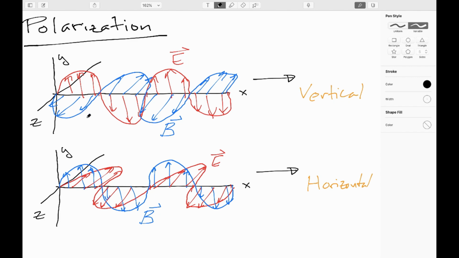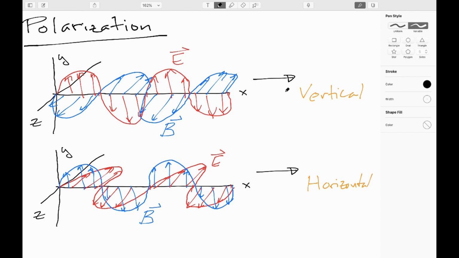And again, you should convince yourself with the right-hand rule that if you take E cross B, so take your right hand, put E on the first finger, put B on the second finger, first things first, second things second, the resultant on your thumb should point to the right, which is the direction of propagation that I've drawn for these waves.